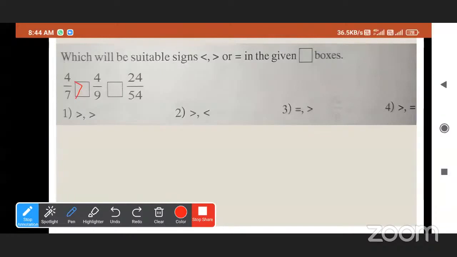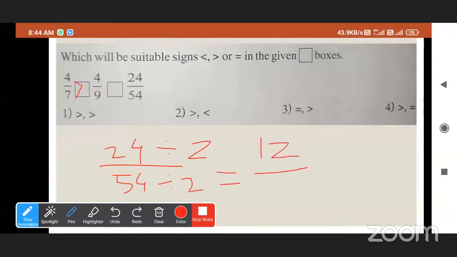First of all, you have to convert this fraction into reduced form. We divide both numerator and denominator by 2. So we will get 12 upon 27.